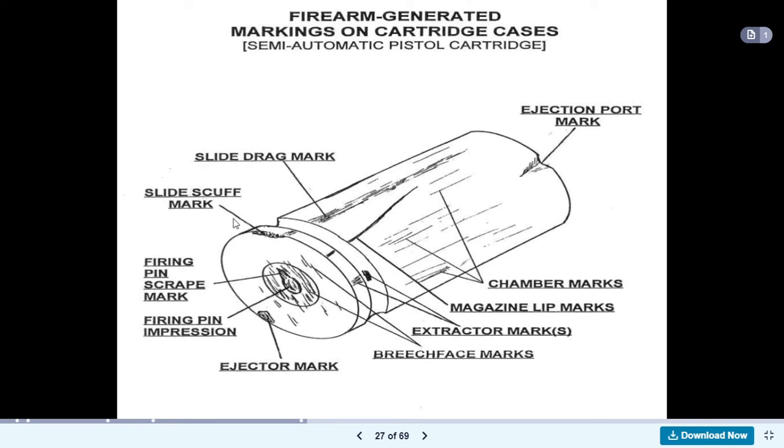Slide scuff mark, here. The firing pin, where it should be, is on the primer. It creates a mark: firing pin scrape mark, firing pin impression. The firing pin is in the middle. Extractor marks, breech face marks, and once again. Those are the marks, locating what the name of each area on a cartridge is, and where each mark should be located. So take note and try to remember it fast.